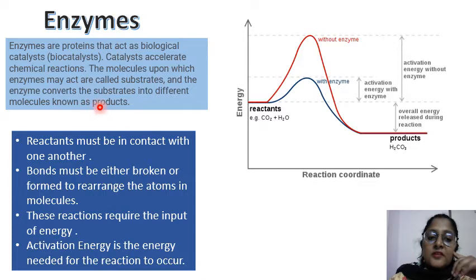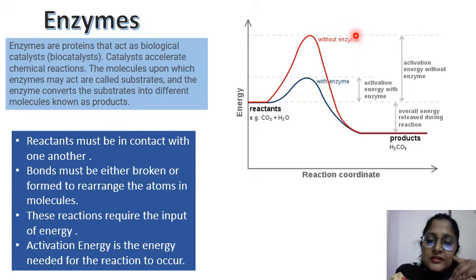So they convert the substrate into some different molecules altogether, which is known as the product. So enzymes are biocatalysts which act upon the substrate and they form the products.